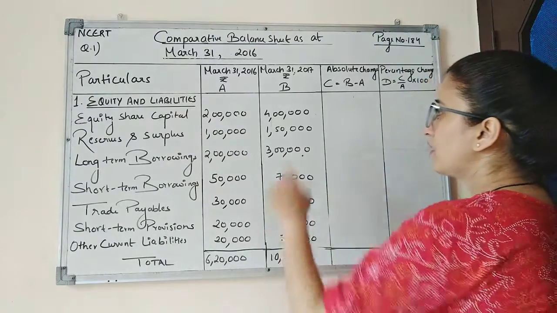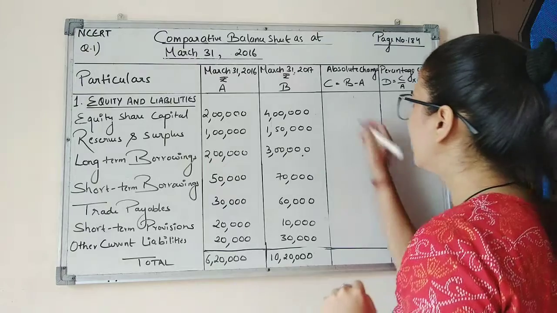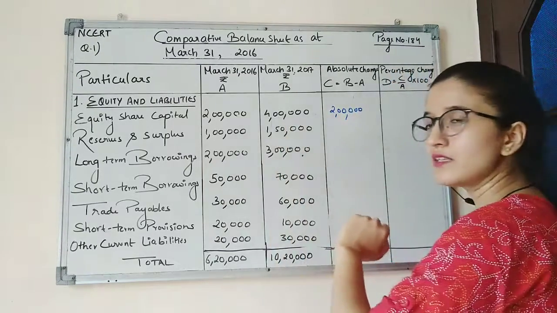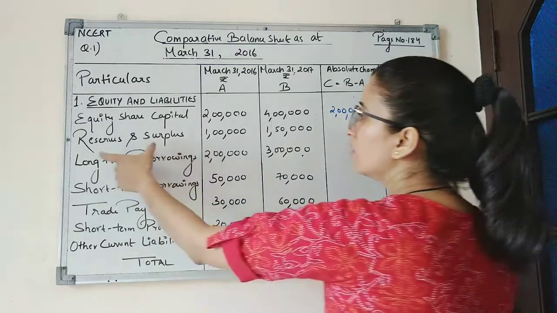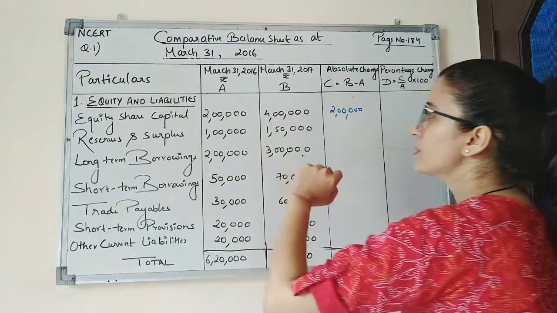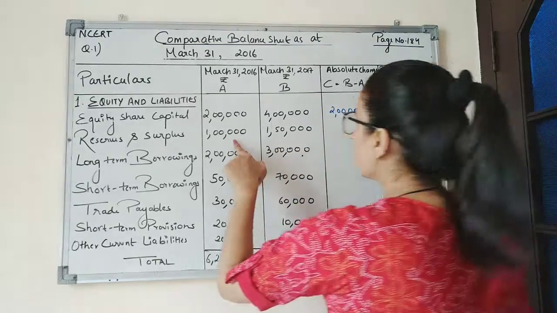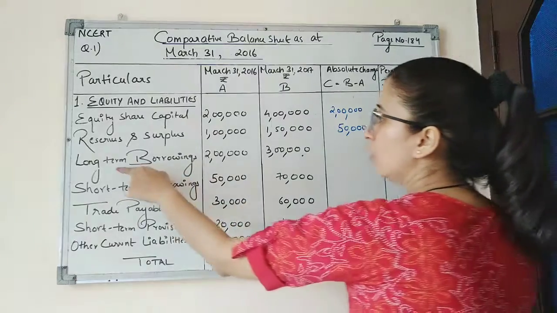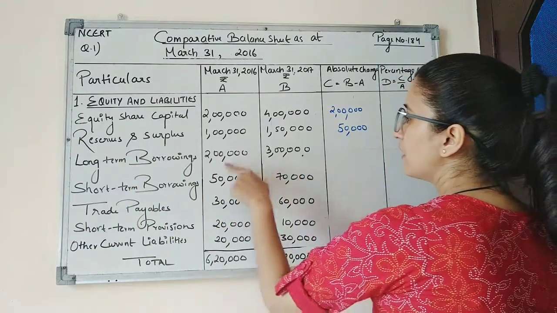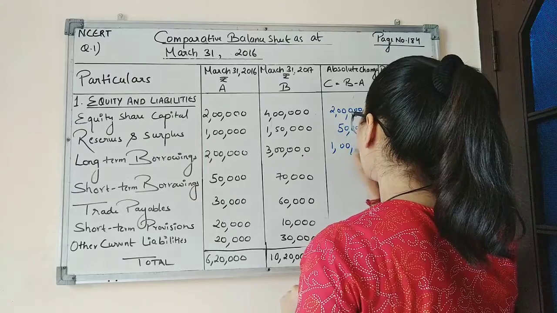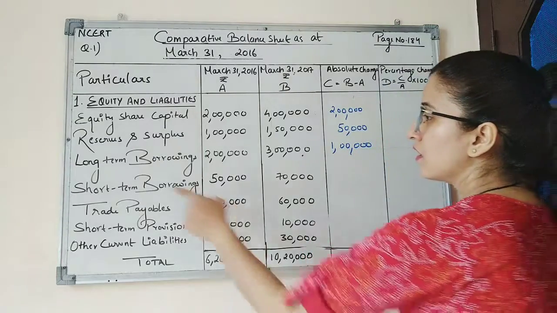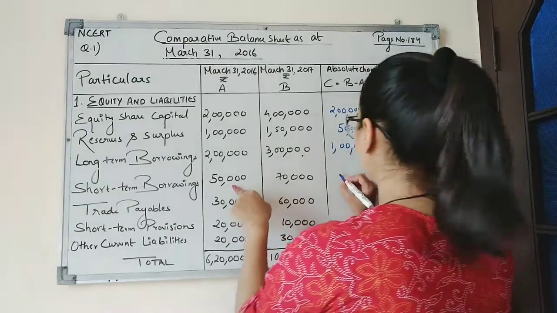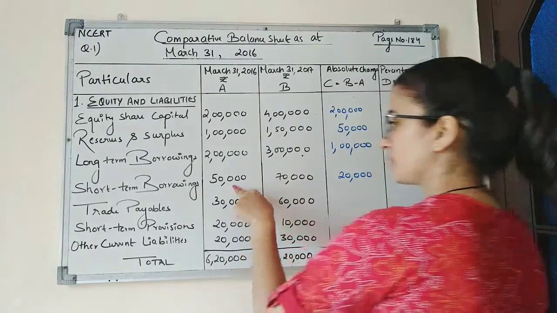So subtracting the amount of previous year from current year, we get 2 lakh rupees, as 4 lakh minus 2 lakh is 2 lakh. The absolute change of reserves and surplus will be 1,50,000 minus 1 lakh, which is 50,000. Long term borrowings will be 3 lakh minus 2 lakh, 1 lakh rupees. Short term borrowings will be 70,000 minus 50,000, 20,000.